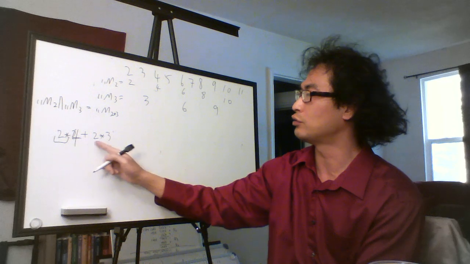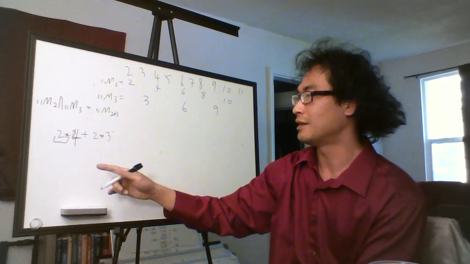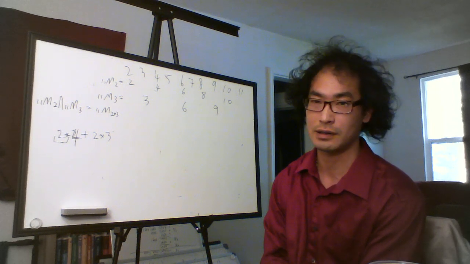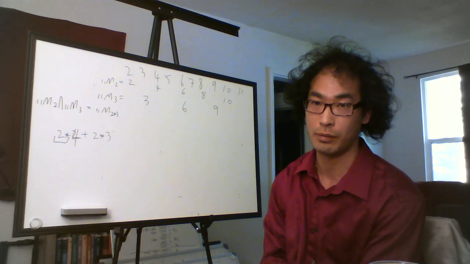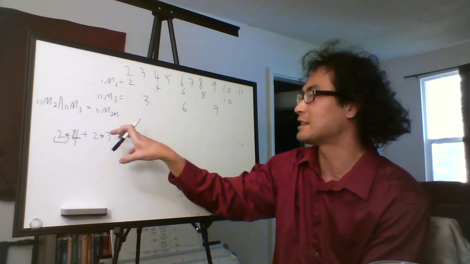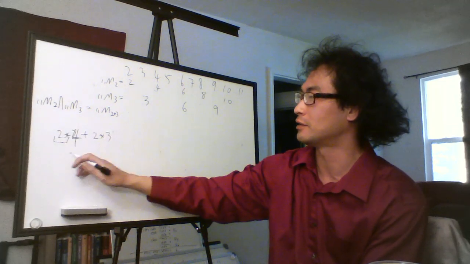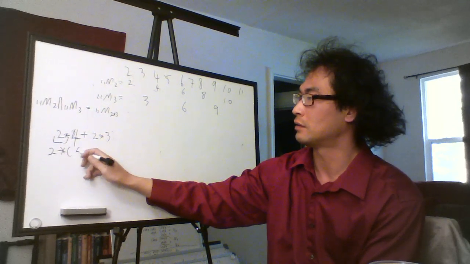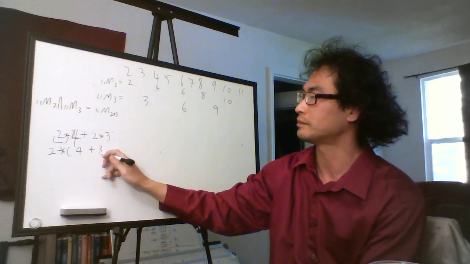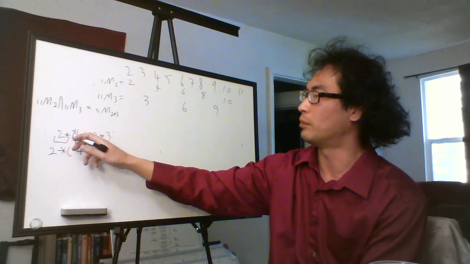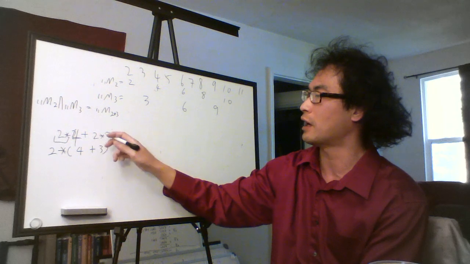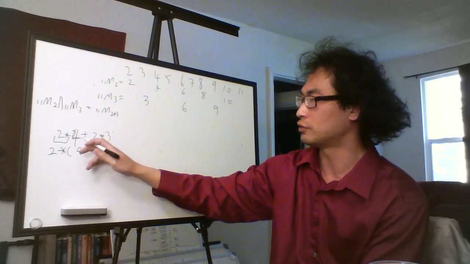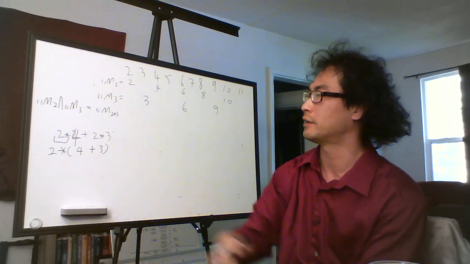Writing 2 twice is redundant. Let's make it compact, linear compression: extract the common element and write it only once, not twice. It's factoring. Two times, and what you have left is 4 plus 3.